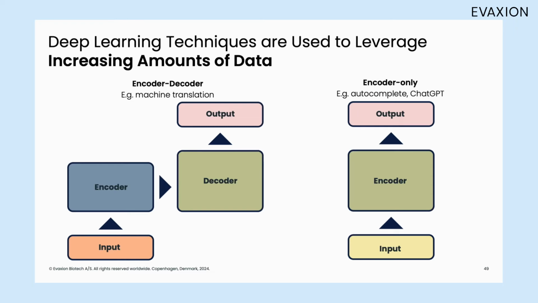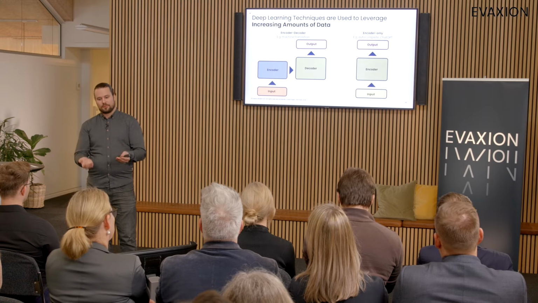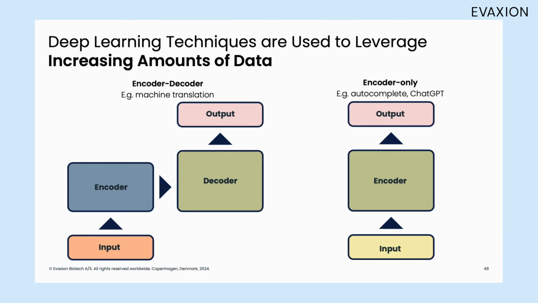You have some input, which could be a sentence in Spanish or English. You encode that using a transformer, the encoder. That is transformed into a lot of magic numbers, a large matrix of just numbers, which is then fed into the decoder, which decodes it into a new language. That could be Spanish or English or whatever you want. So you learn the structure of the language.